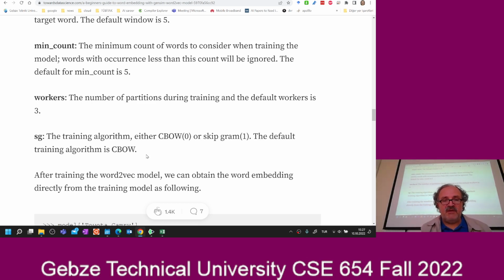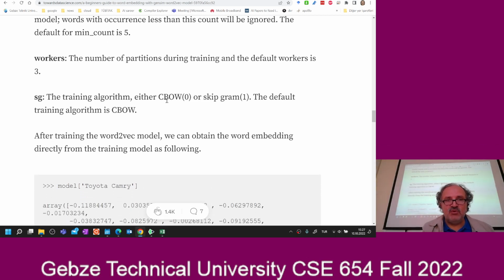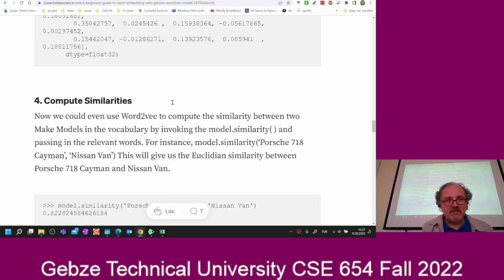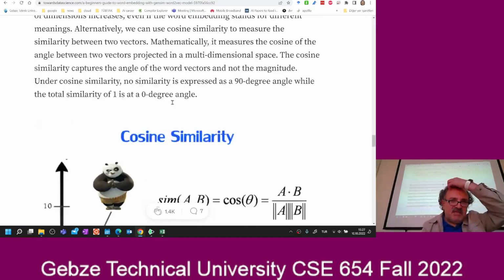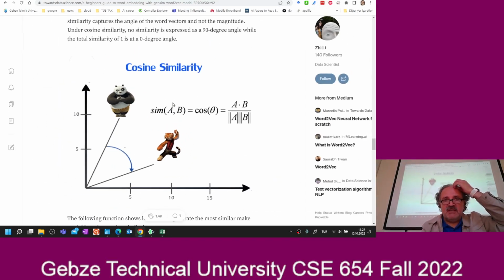You can take your windows for different parts of the corpora, and since you are updating the theta values for that region only, it is fine. And SG is, do you want skip gram or continuous bag of words? And that's it. But I think there are many more, okay, this is good.